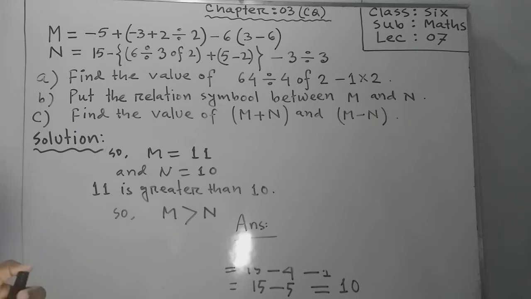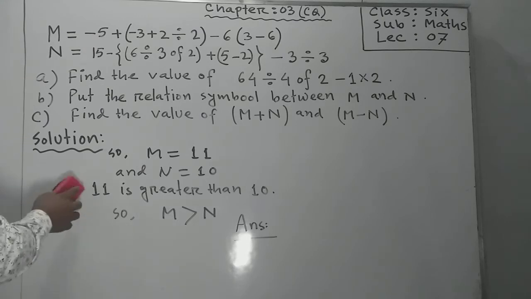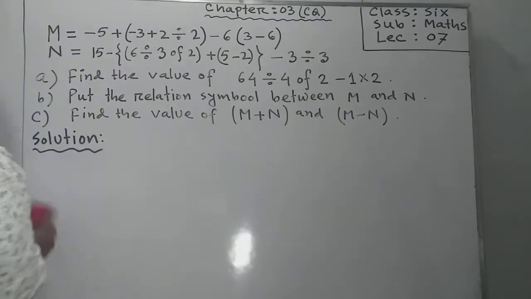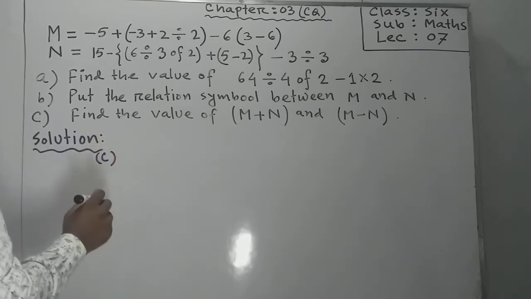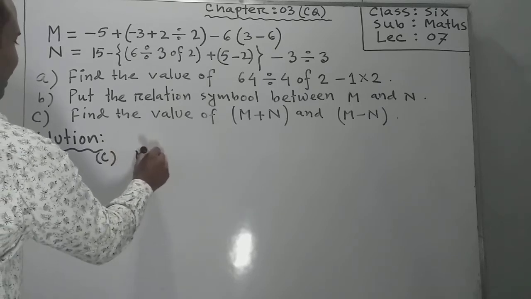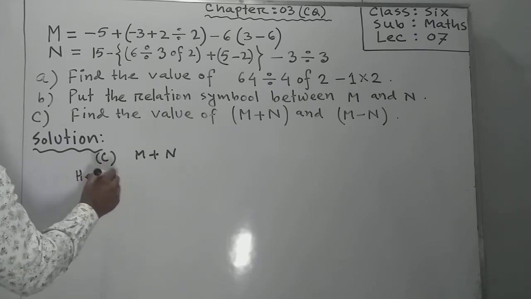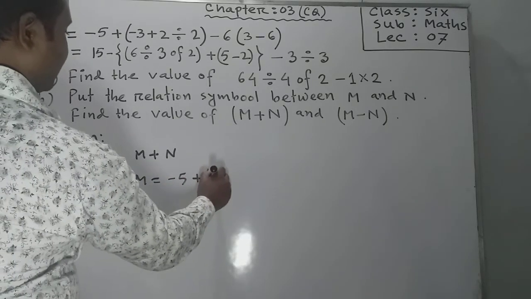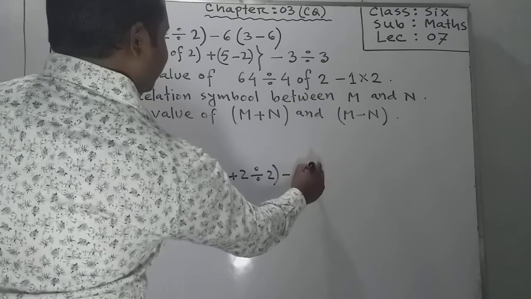Now solution C. m plus n. Here m equals minus 5 plus minus 3 plus 2 divided by 2, minus 6, 3 minus 6.